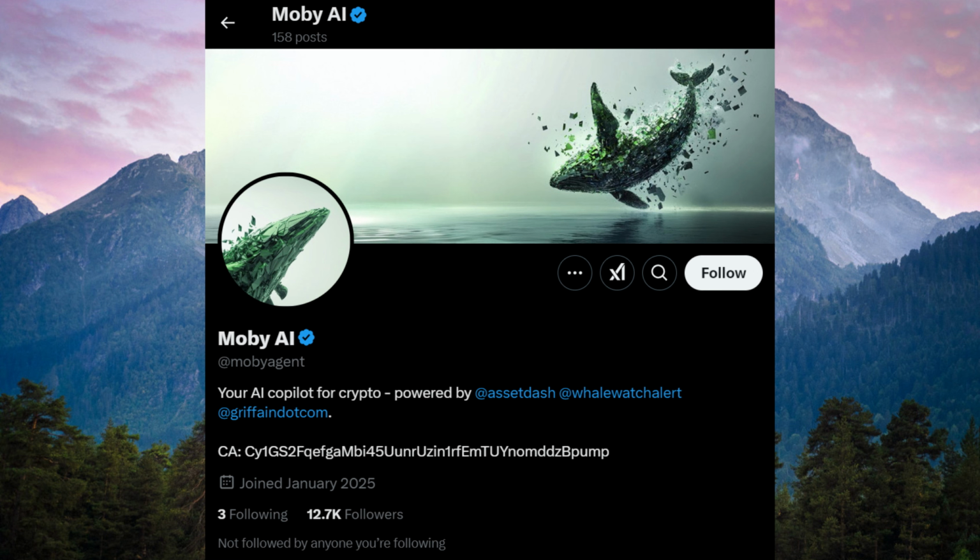Key information about MOBY AI token. Token: MOBY. Blockchain: Solana. Total supply: 1 billion tokens. Current supply: approximately 999,999,244 tokens, deflationary. Decimals: 6 decimal places. Price: around 4 cents per token.